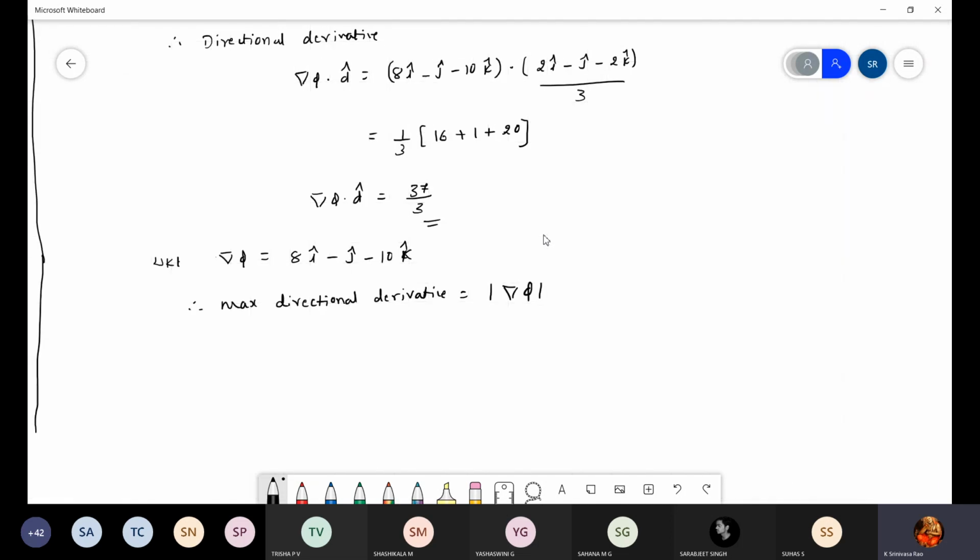That is equal to square root of 8 square plus 1 square plus 10 square. 8 square is 64, 1 square is 1, 10 square is 100. So the answer is square root of 165.